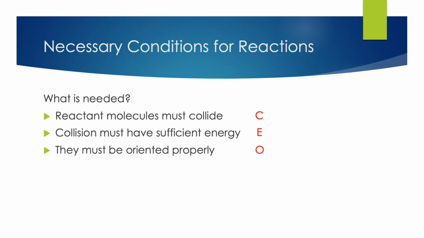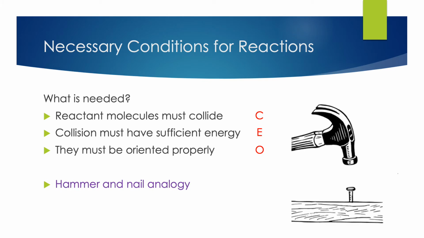For a reaction to take place, you must have all three of these really working in tandem with one another to make it happen. Now, I also have an analogy to help you understand this, and that is a hammer hitting a nail. If you want to drive a nail into a board, you probably will use a hammer, but you know that if you don't hit the nail with the hammer, you'll never drive the nail into the board. So there has to be a collision. Now, if you had the hammer turned the other way around so that the tail end of the hammer was hitting the nail, you probably wouldn't drive the nail very effectively.